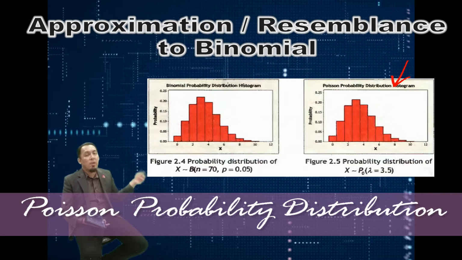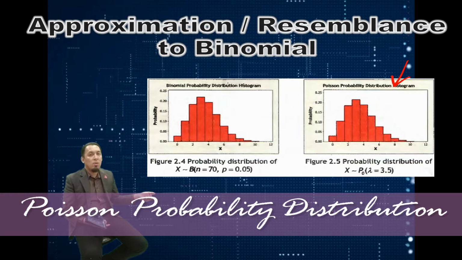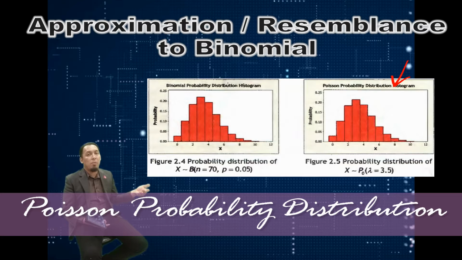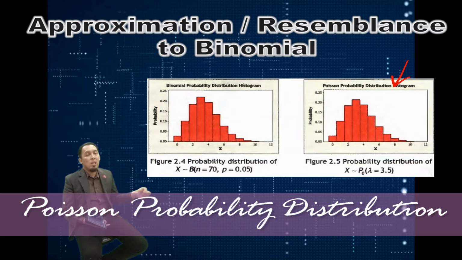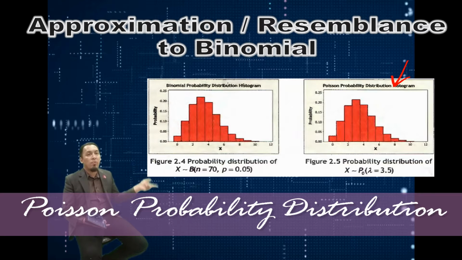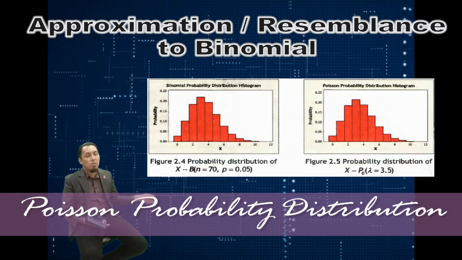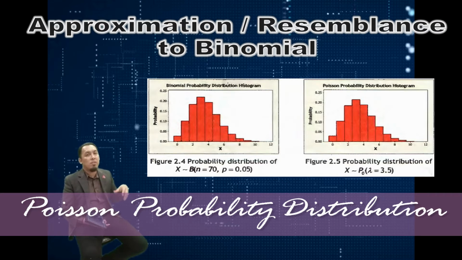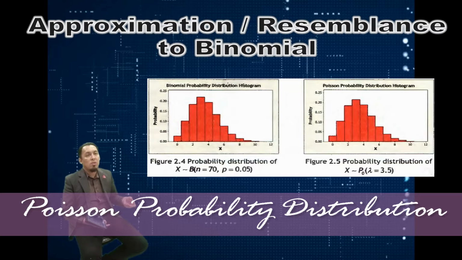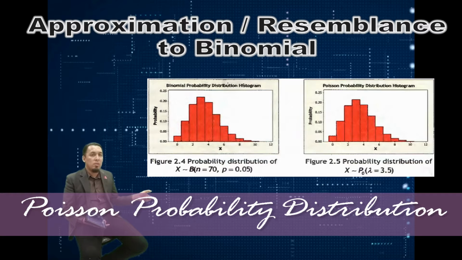As for the right-hand side, you have Poisson of lambda 3.5. So even though there are two different distributions, when the n is large and the p is small for binomial, it will give the same kind of distribution as Poisson. So that's why you can use Poisson in solving binomial questions.